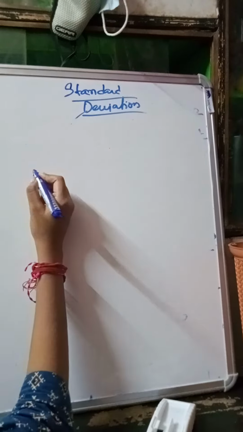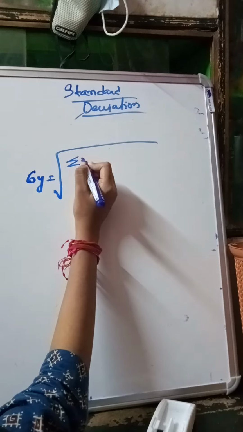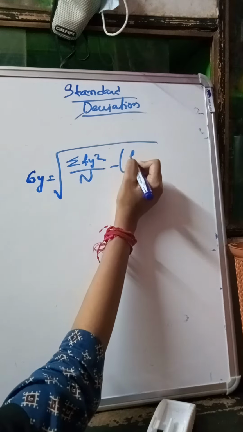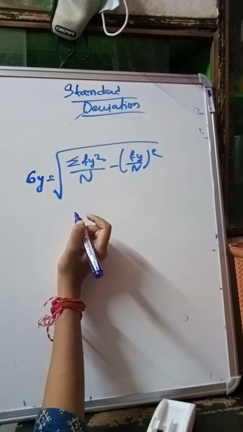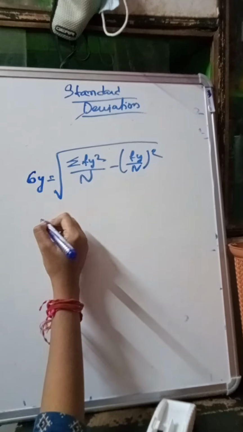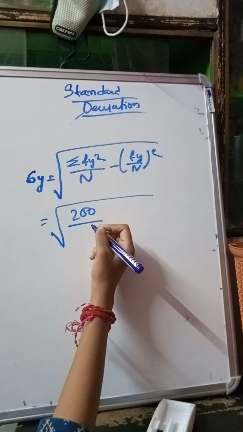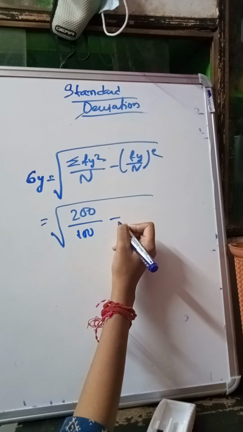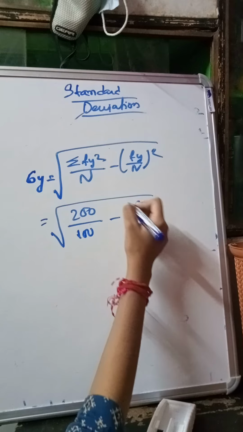So what was the formula? Sigma y is equal to the root of summation f y square by N minus, summation f y by N, whole square. My summation f y square was 200, if you remember, and N was 100, and summation f y was minus 74 and N was 100.